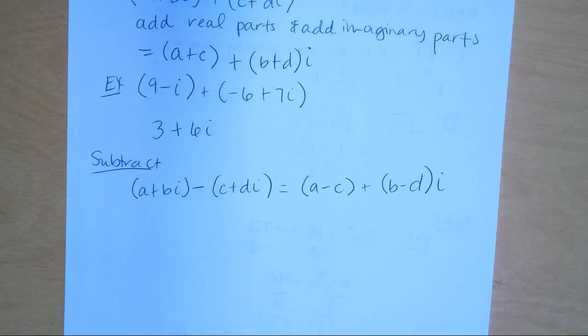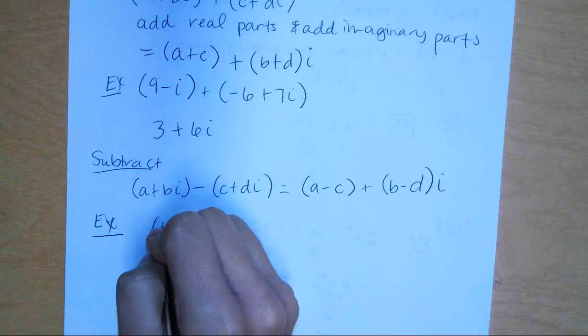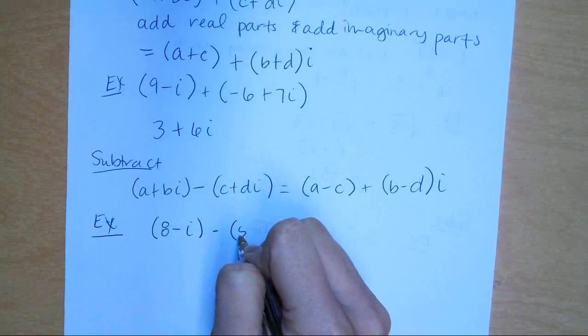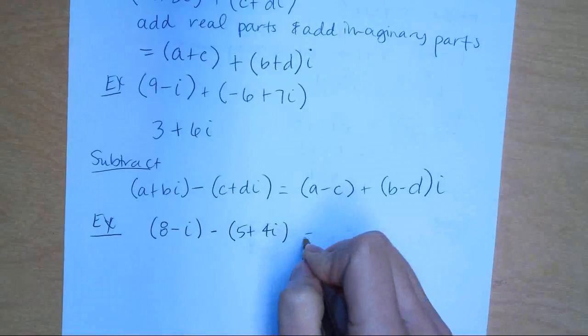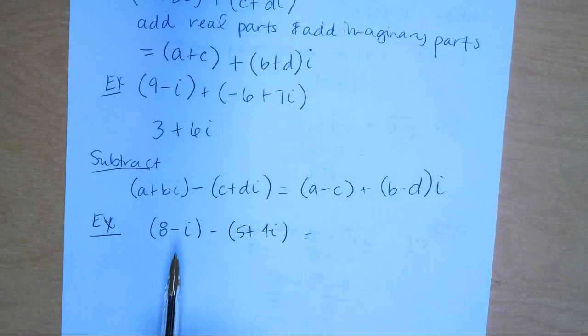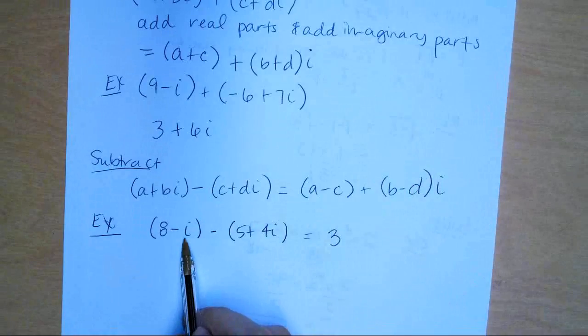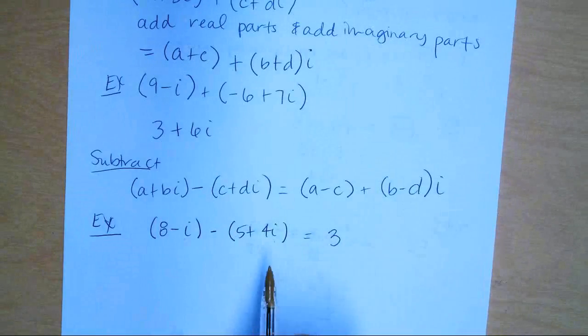So for subtracting, we have 8 minus i minus 5 plus 4i. Okay? So we have 8 minus 5 is 3, and negative i minus 4i. Is that a plus i or is 3? This is a plus.